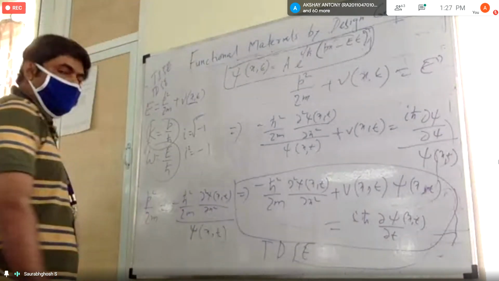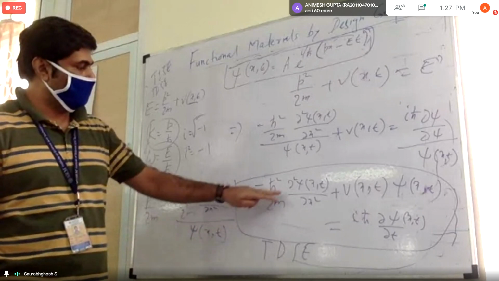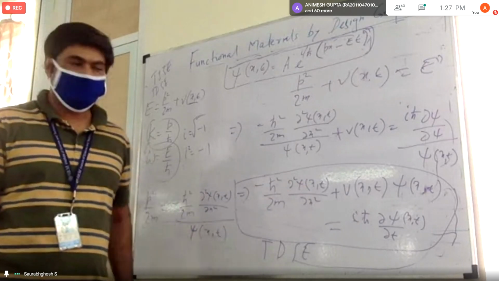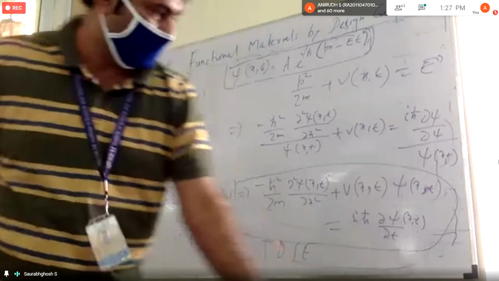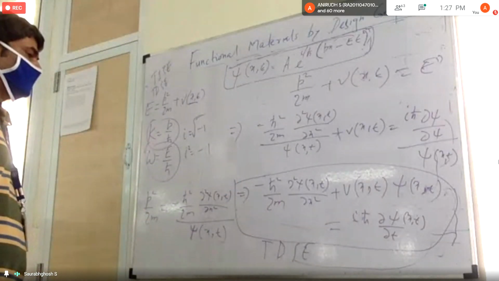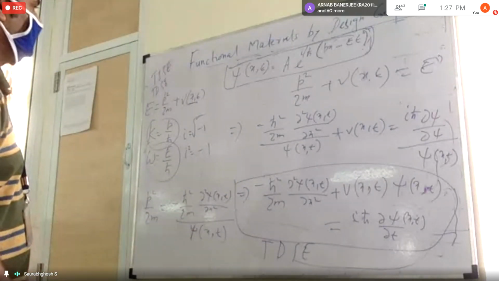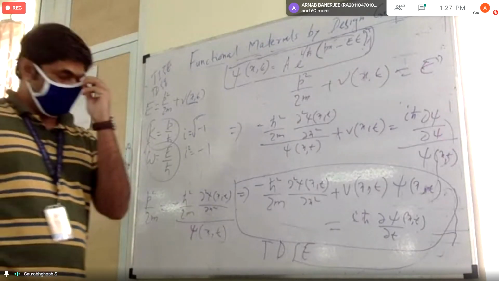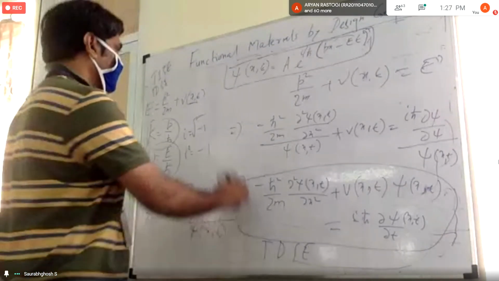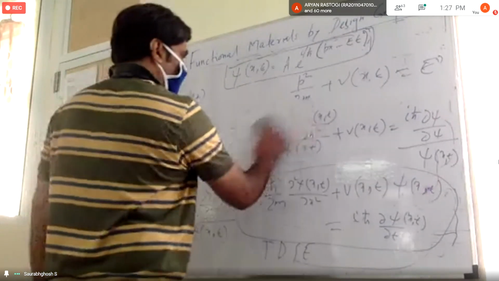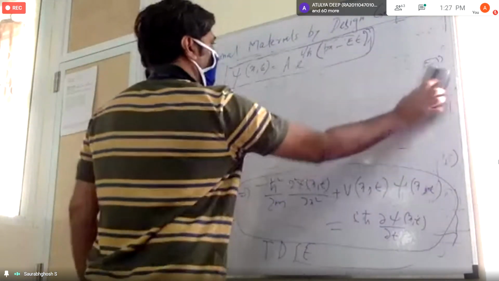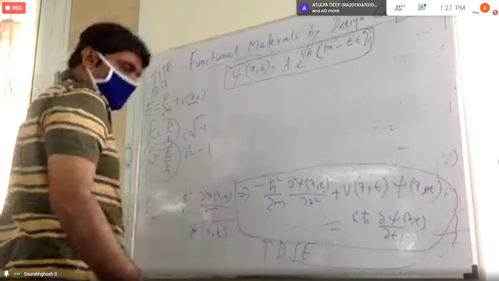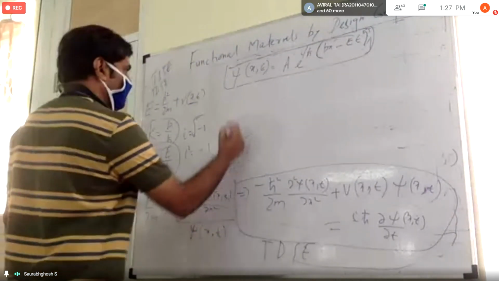So this is my time dependent Schrodinger equation: minus h cut square by 2m del square psi by del x square plus V external psi of x,t equals i h cut del psi del t. From the time dependent equation, we are going to derive the time independent equation. Let's write it down here.